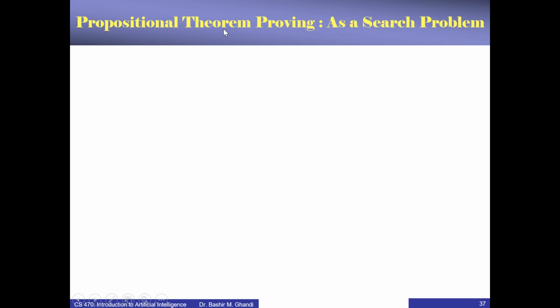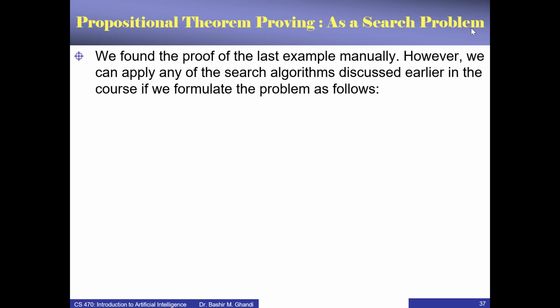Okay. Next is inference as a search problem. We found the proof of the last example manually by repeated application of the rules. However, we can apply any of the searching algorithms that we learned in the previous lectures to come up with the same conclusion.